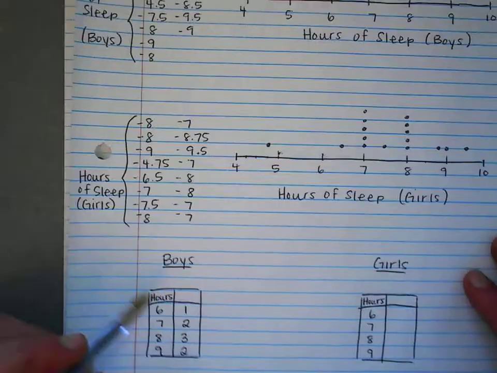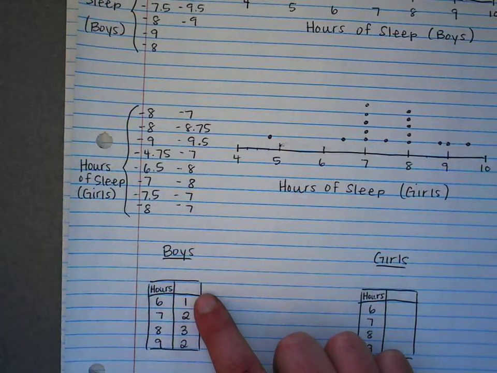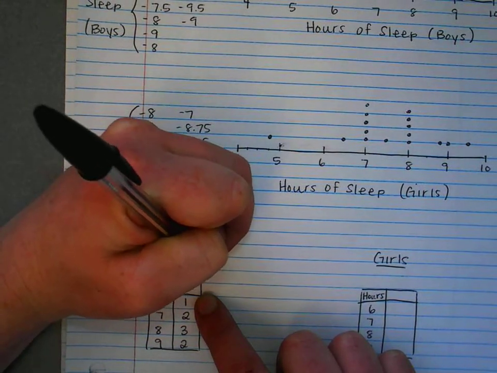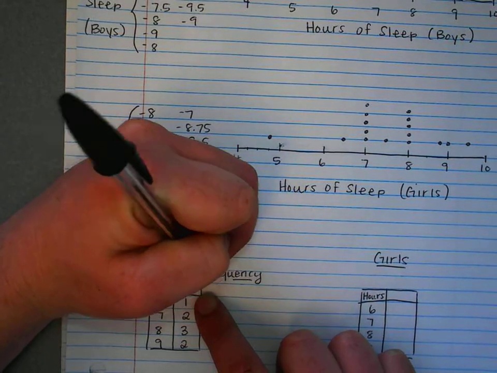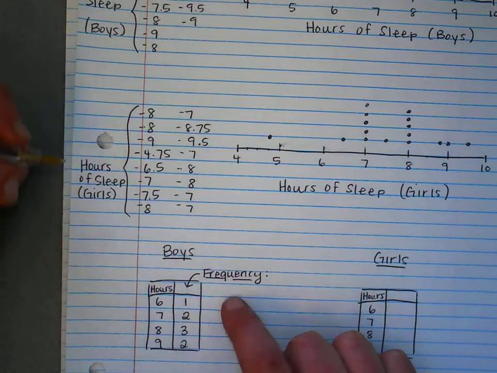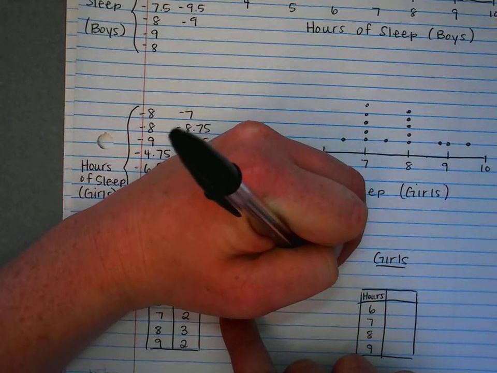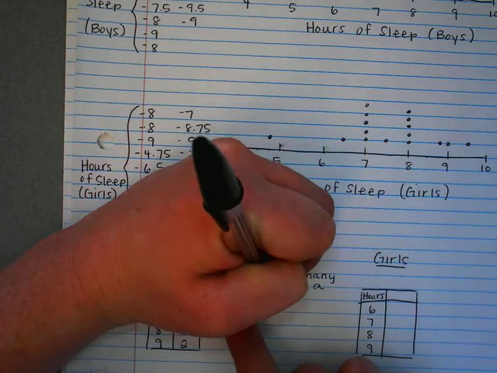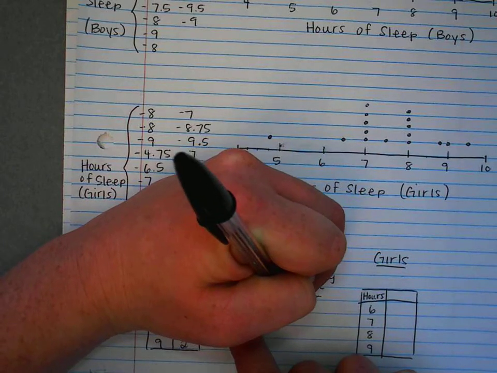It's too big to write how many people got this many hours, so we call this part of the chart the frequency. The definition of frequency is just how many times a number occurs.